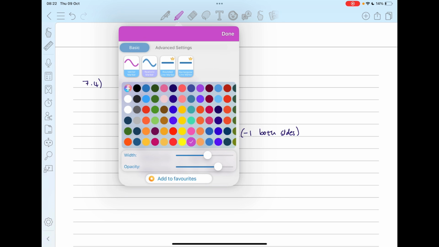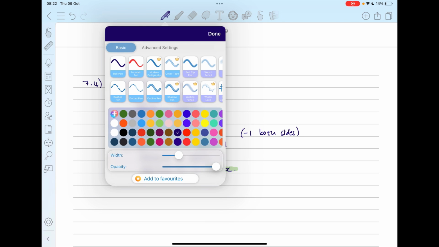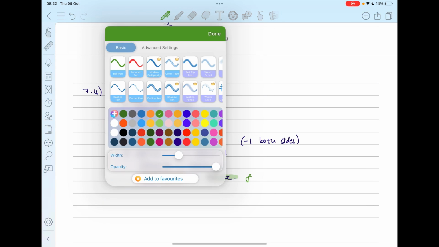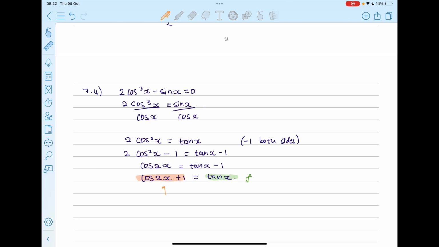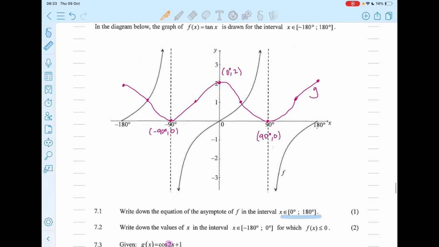Now we can see our two functions. This is the function f, and over here we have G. What we are looking for on the graphs is where G intersects with f, as that will help us get the solution to this problem.